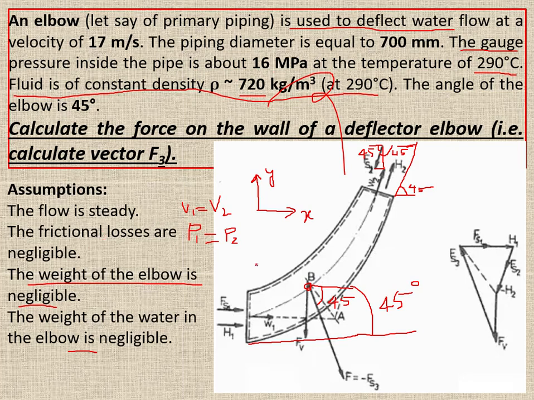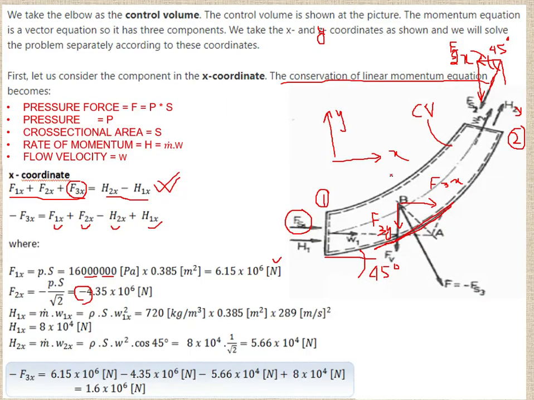That means the pressure at the inlet and the pressure at the exit are the same. So P1 and P2 are the same, and the same pressure we can use here. So this pressure will become 16 megapascal, multiplied by the surface area divided by 2, but this pressure force has a component.